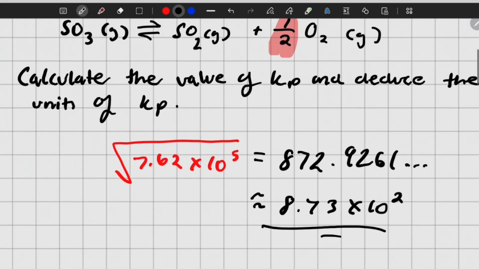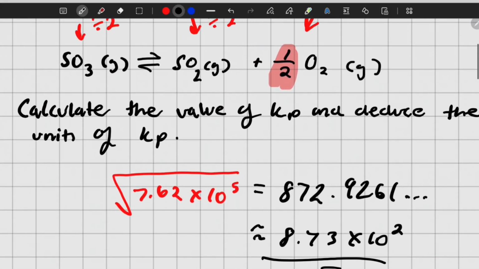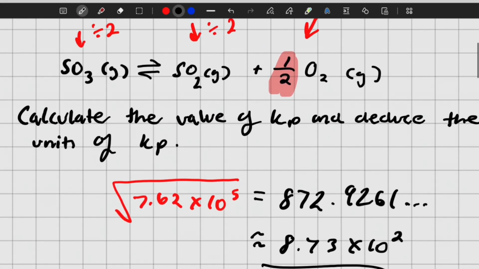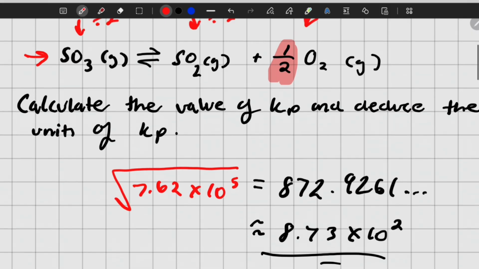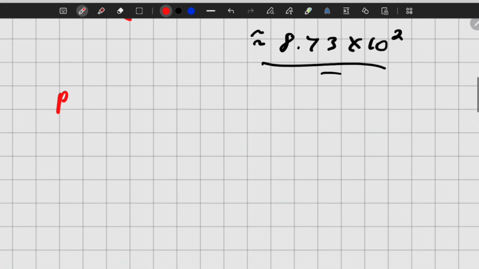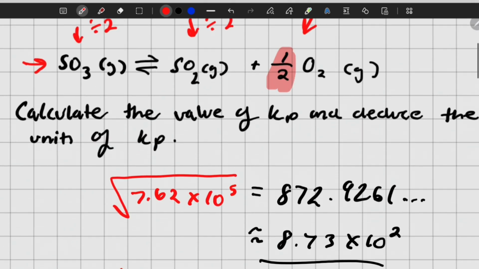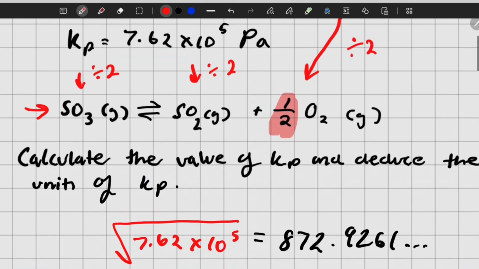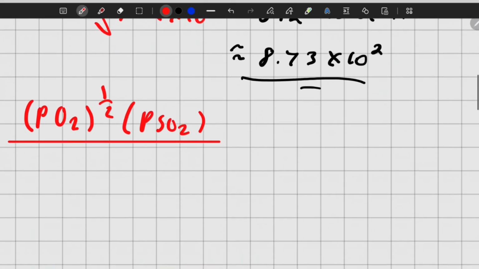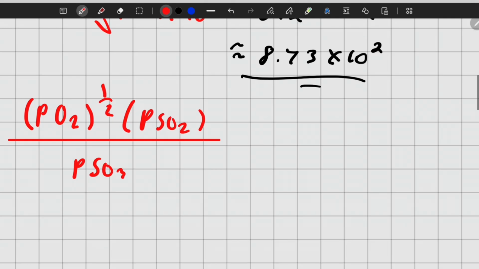And then deduce the units of Kp. If you write the Kp expression for this equation, it would be the partial pressure of oxygen to the power of a half, times the partial pressure of sulfur dioxide, over the partial pressure of sulfur trioxide.